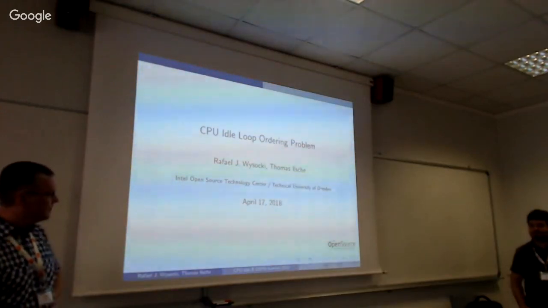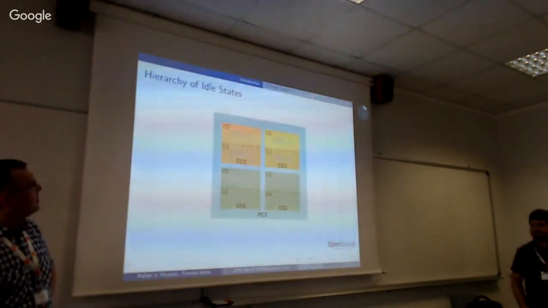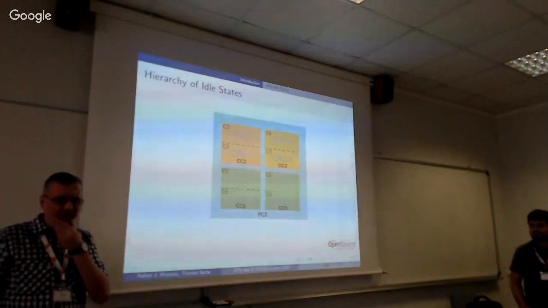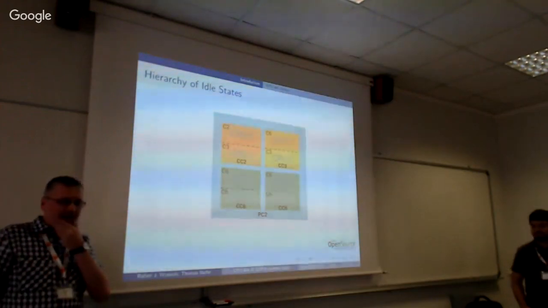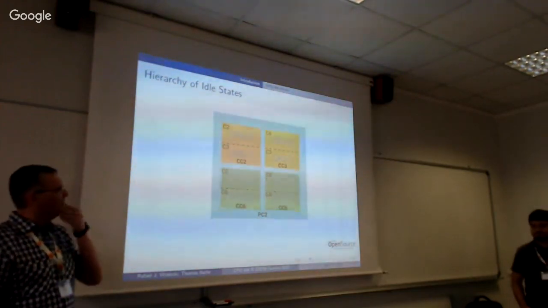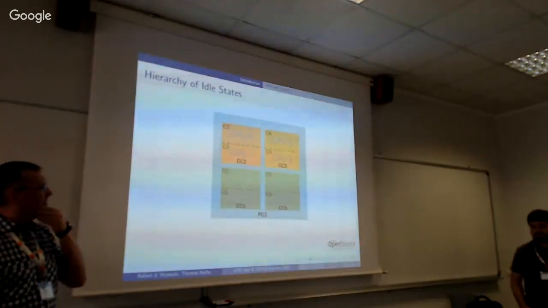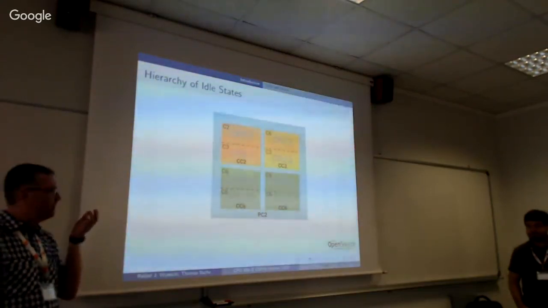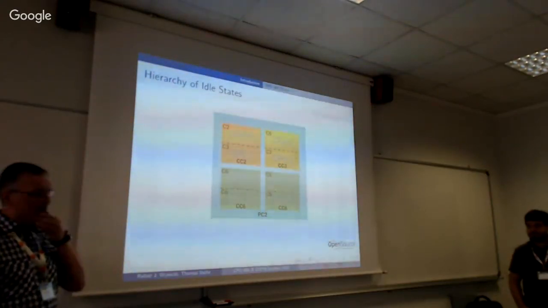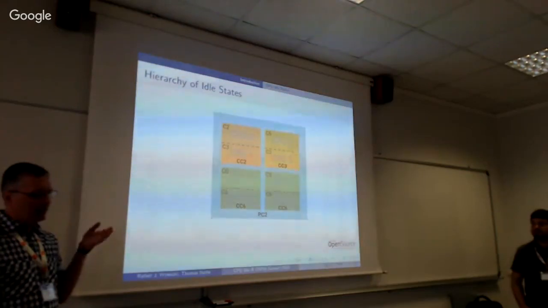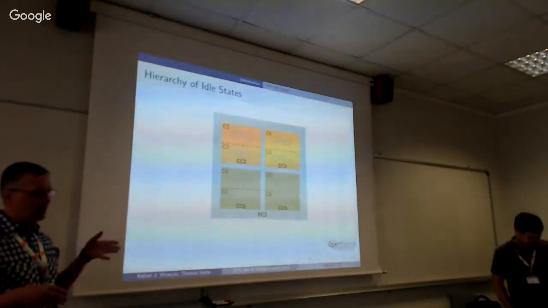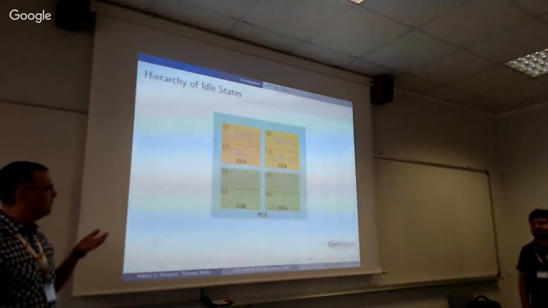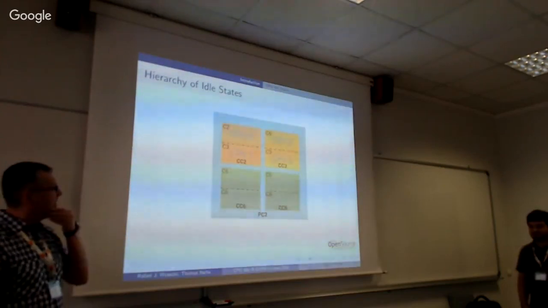Okay, so CPU idle time management. Obviously, very often it happens that there's no work for a given CPU, like it doesn't have anything to run. So in that case, we want the CPU to go into a state in which it will draw less power than in a working state.